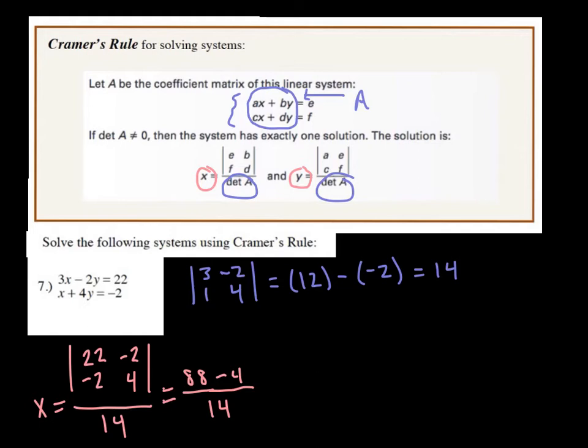So 88 minus 4 is 84, and 84 divided by 14 gives us 6. So x is going to be 6. So we've now found x. We need to find y.